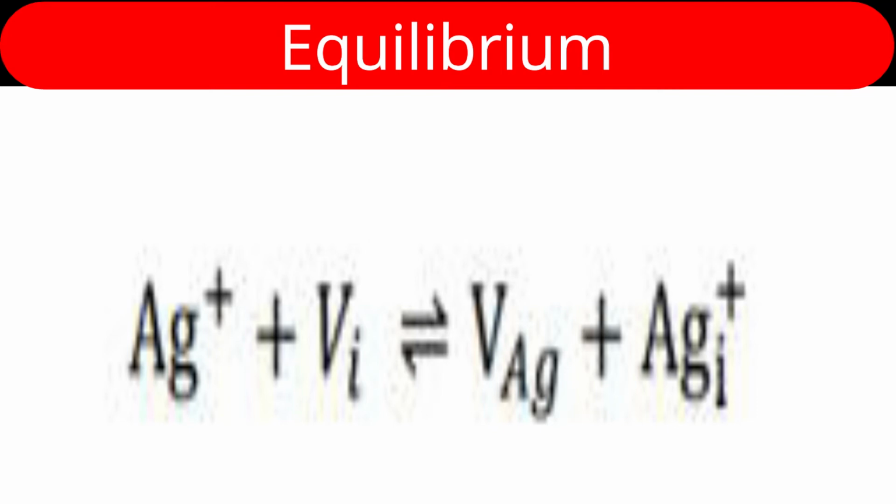So the vacant site of Ag+ and the migrated Ag+ in the interstitial site remain in equilibrium, just as equilibrium remains between liquid water and water vapor.